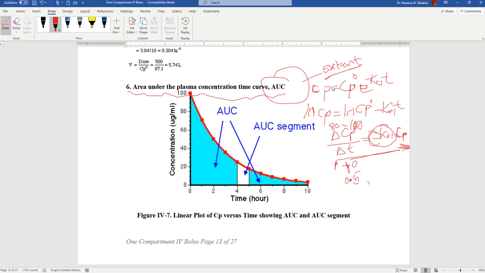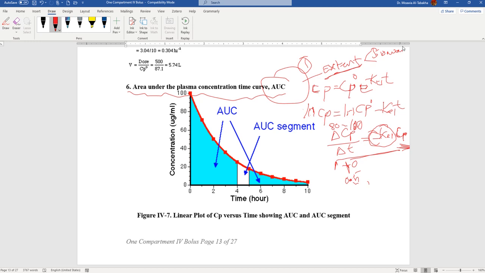If they are similar, then they are similarly absorbed and getting to the systemic circulation. So AUC is an expression of the extent, and we use it to compare the bioavailability of products. This is something important, and you took it in biopharmaceutics and pharmacokinetics 1. You took how we compare bioavailability.